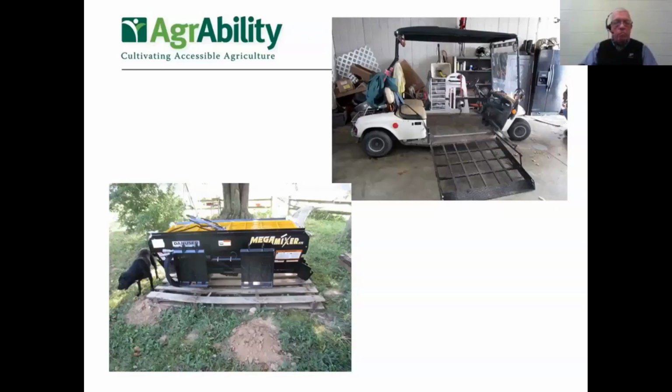And he's using a JCB skid steer and putting this auger bucket on it. And he is able to put feed in it through a bulk bin. And then on the lower right-hand corner of it, the auger is able to dump it into the feed bunks.